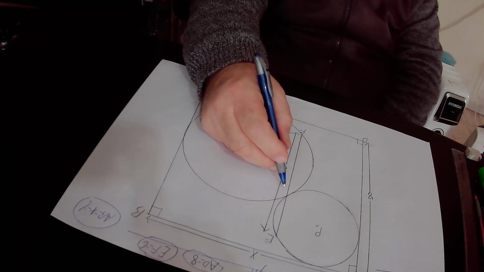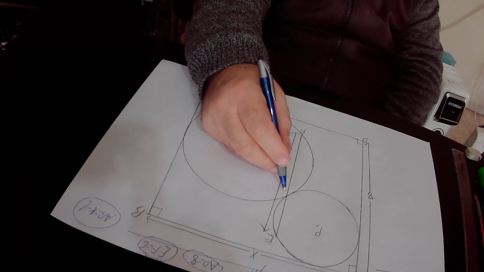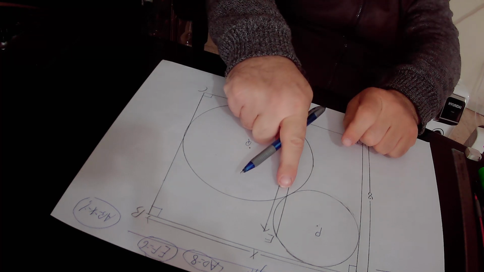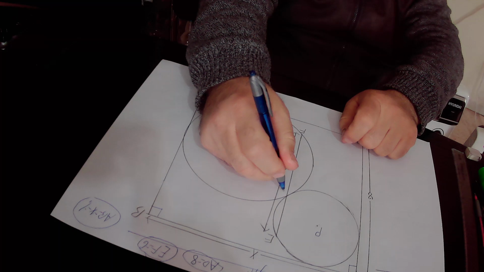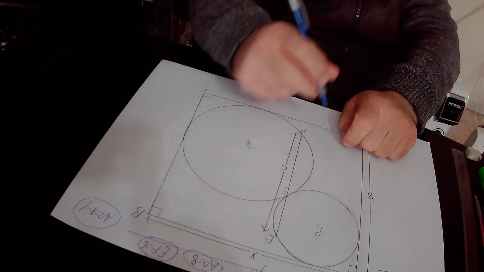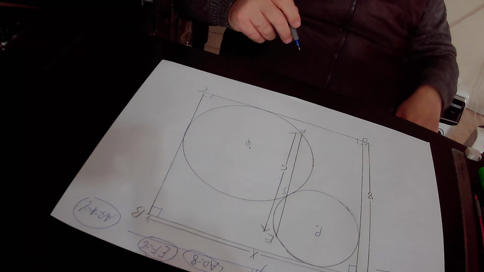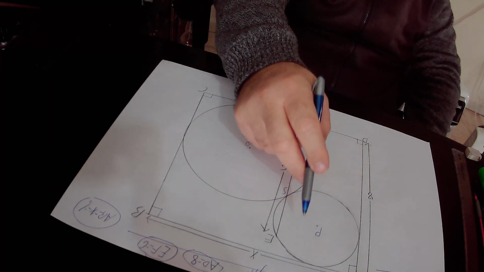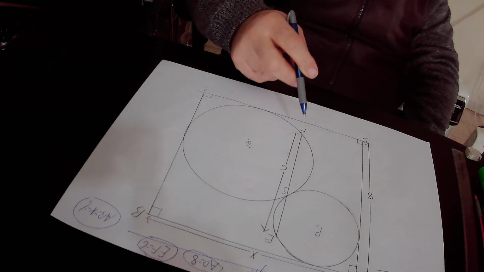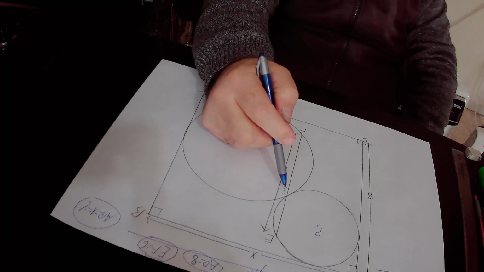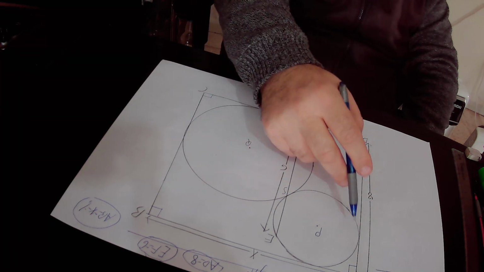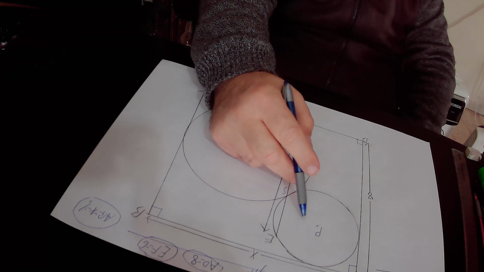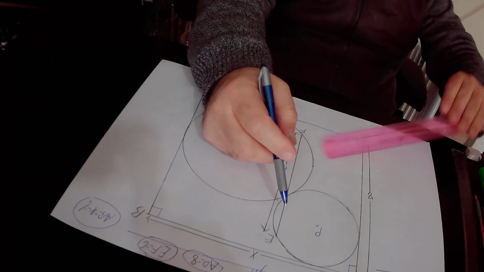We define the touching point between those two circles, or the point of tangency, as point S. So from point P, the center of this small circle, we will draw a perpendicular on chord ES.